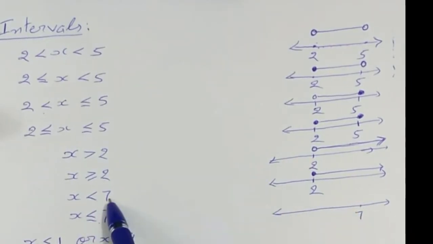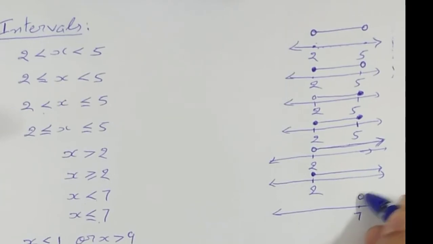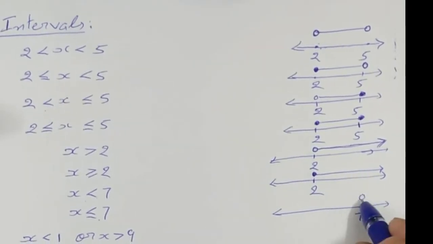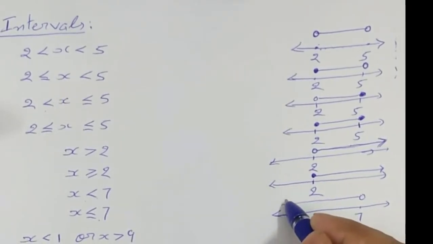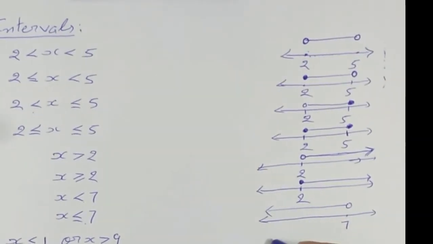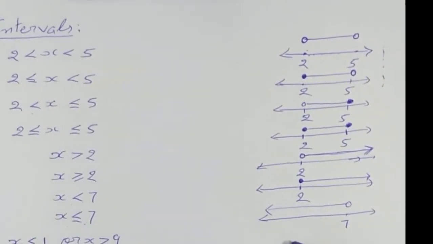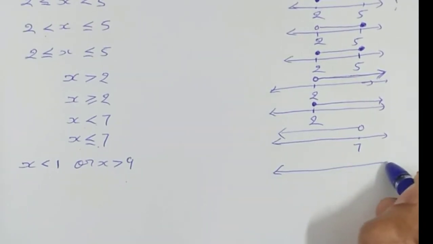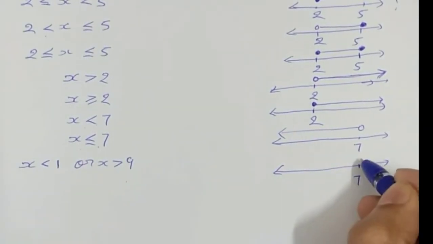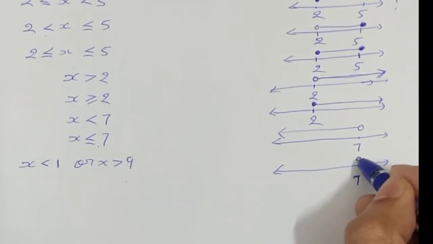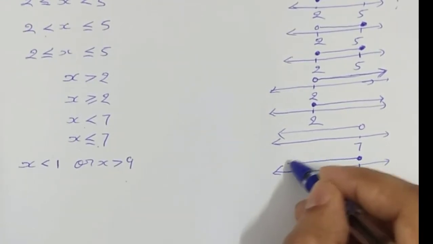So x less than 7. 7 is not to be taken, so a hollow circle over here, and all the numbers less than this are going to be considered. And as far as x less than or equal to 7 is concerned, very easy, simple concepts. 7 is to be included, dark circle, and all the numbers less than this.